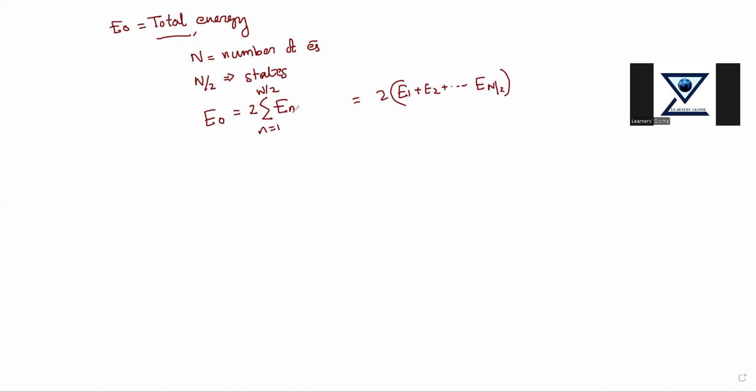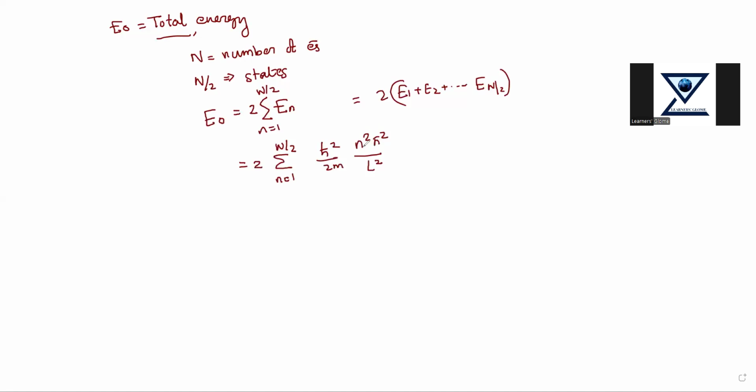Now it's very simple. We write the equation of En, substitute here, and find the expression. That is equal to 2 into summation over n equal to 1 to N by 2 of h bar square by 2m into n square pi square by L square.